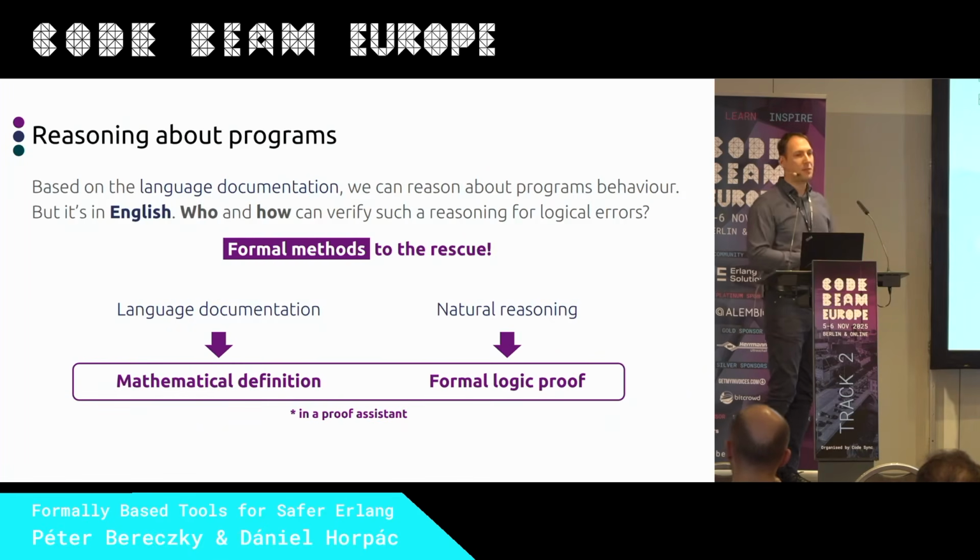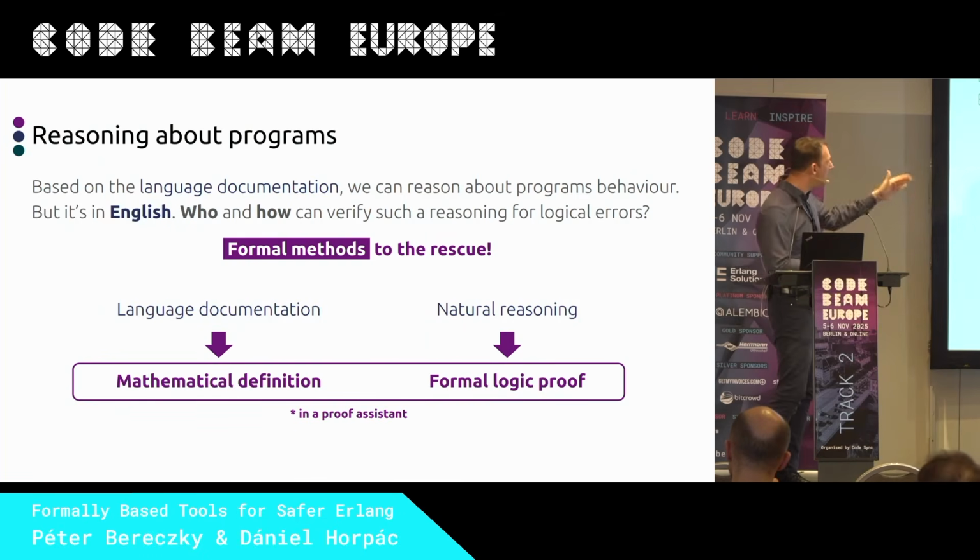And here come formal methods. If you think about the program or the programming language as a mathematical definition, then you use formal logic to do reasoning. And this is what we are trying to advertise here, that we are very passionate about. This is something that today is in reach and scalable.